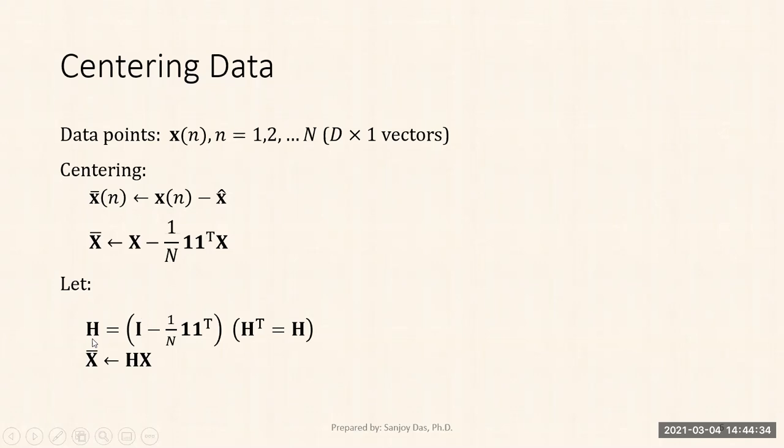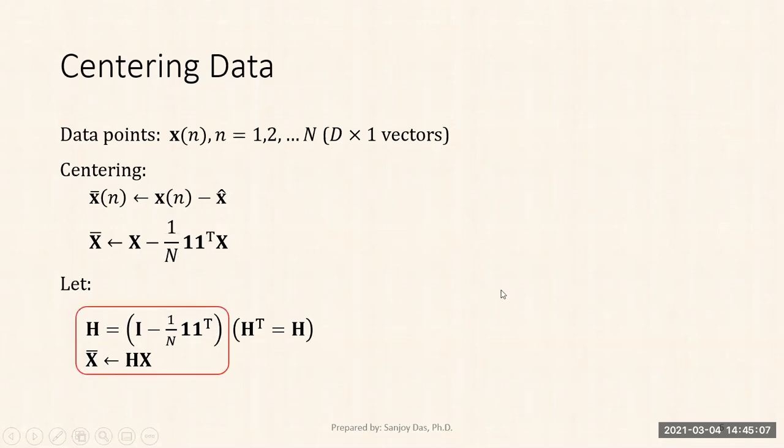And this centering operation we can do in this manner. We can define this matrix H equals the identity matrix minus 1 over n, 1, 1 transpose. This is an n by n square matrix of all ones. This is H. And so X bar is equal to H times X. This is how I did the centering operation.